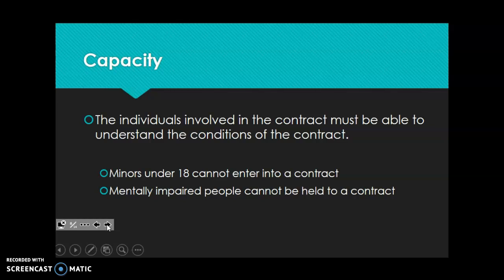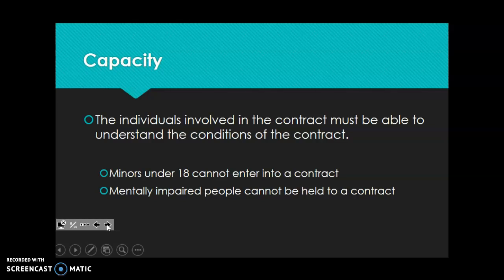Also, capacity. The individuals involved in the contract must be able to understand the conditions of the contract. Minors under 18 can't enter into a contract, or people who are mentally impaired, or if they're under the influence of drugs or alcohol, they cannot be held to a contract.